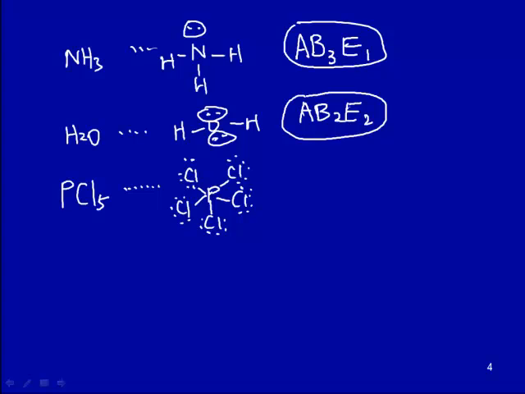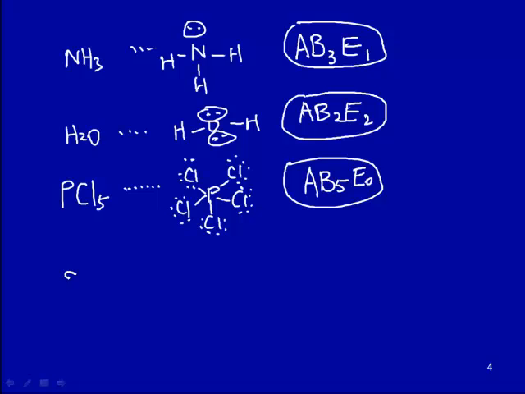So it's the extended octet. Now you will have the central atom with 5 bonds, and we do not have any lone pairs of electrons.